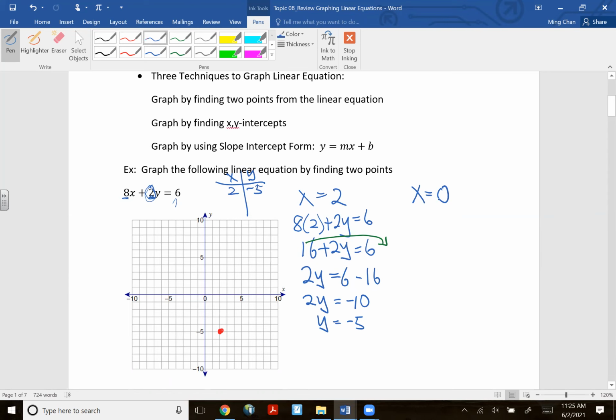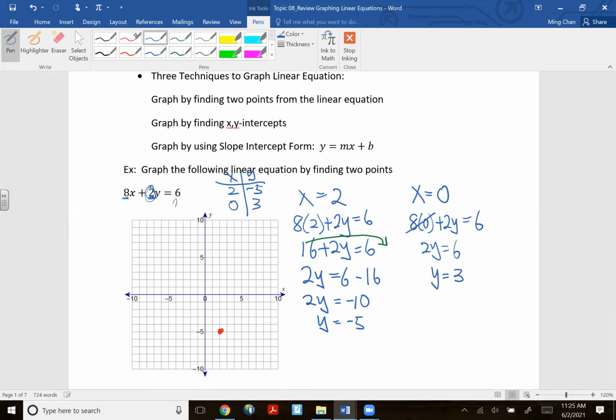Let's substitute 0 for x. 8 times 0 plus 2y equal to 6. 8 times 0, that term is gone. So I just have 2y equal to 6. Divide both sides by 2. y is equal to 3. So when I pick 0 for x, y is 3.